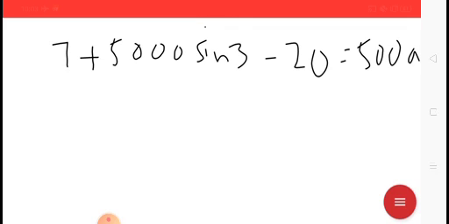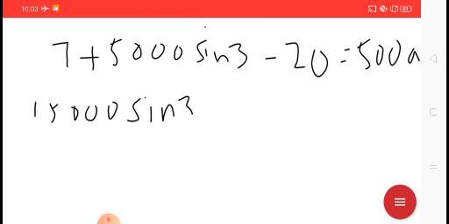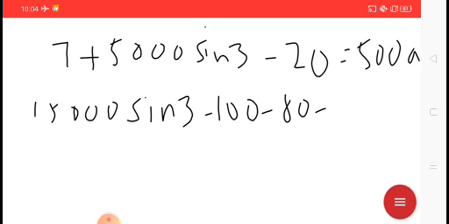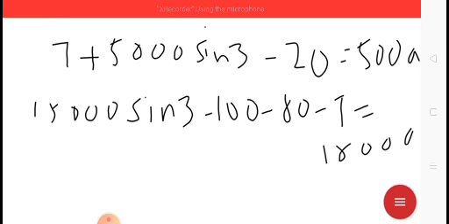Another one is for the car: 1500 g sin 3 minus 100 minus 80 minus T is equal to 1500A. When you have these two, as I mentioned, if you don't want to use the total system to find the A first, you may solve these two equations to find A and T.